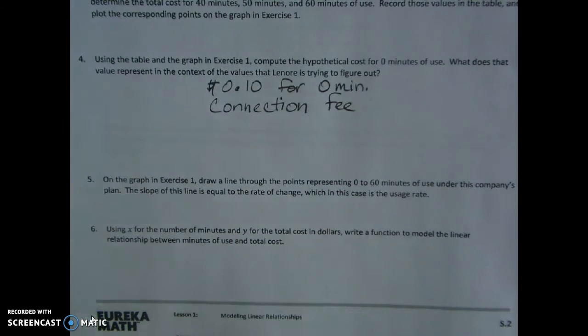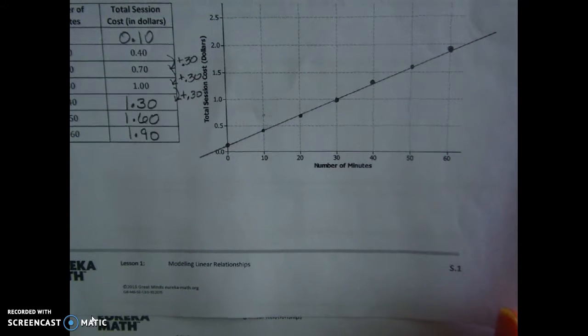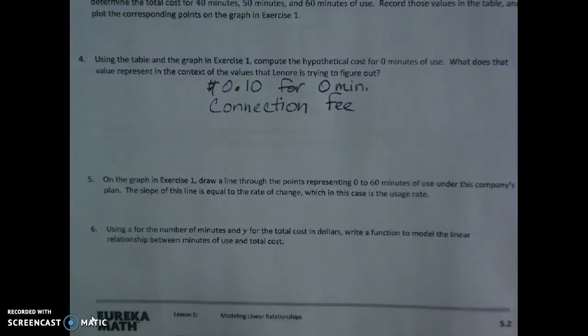All right, so question 5 is asking us to draw a line on the graph connecting the points. I did that back earlier, and you can see the points do fairly line up with that line pretty well. It's telling you the slope of the line is equal to the rate of change, which is the usage rate for this problem.